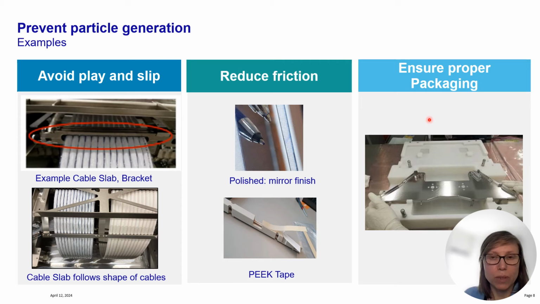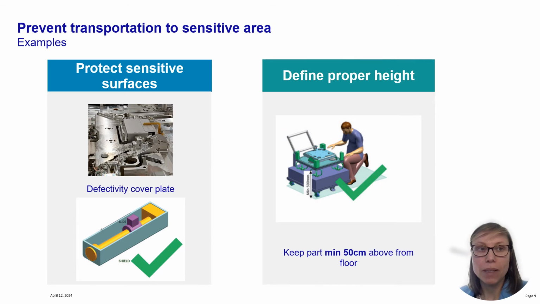Another important topic is to ensure proper packaging, so the part cannot move during transport and generate particles. It is difficult to prevent fully the generation of particles, so the further transport needs to be blocked. An example is the defectivity cover plate to protect the reticle.